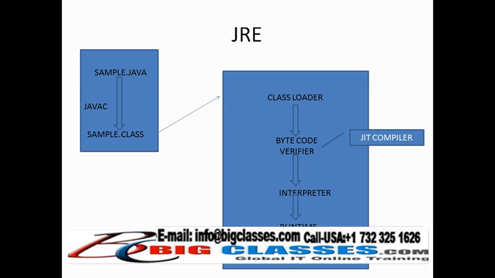And how is it secure? This particular Java program that you write on some Windows XP, when you compile it, generates a .class file. This .class file cannot be edited even by the person who has written the program.